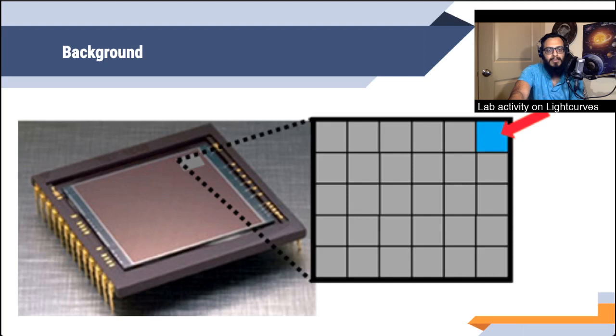The pixel individually collects the photons, and there's some conversion that happens from photon to electrical signal, and the CCD will then convert the counts of electrons to some meaningful number.